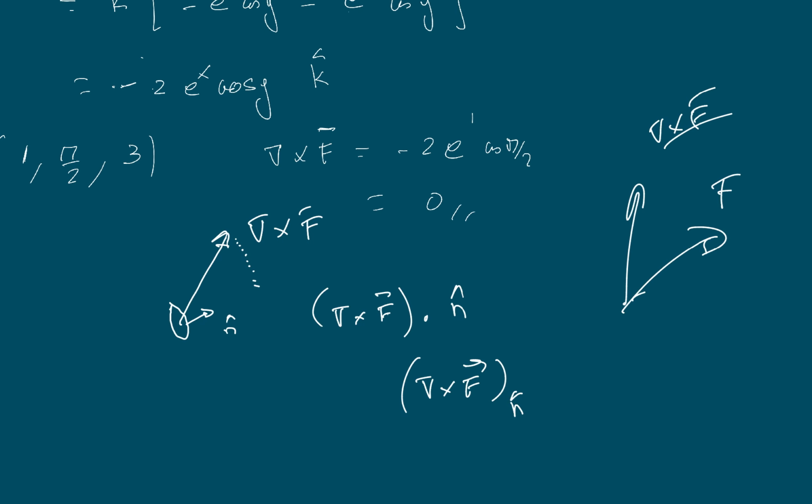And what is the magnitude of this curl of f? It will be the projection, so it will be this. And this is the magnitude of the curl of f in the direction of the normal vector. And what exactly is this thing? It means like this.